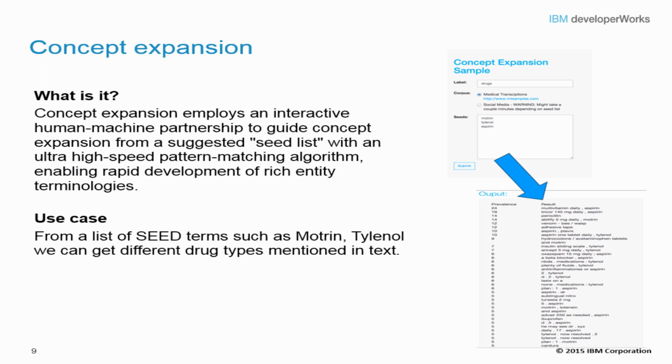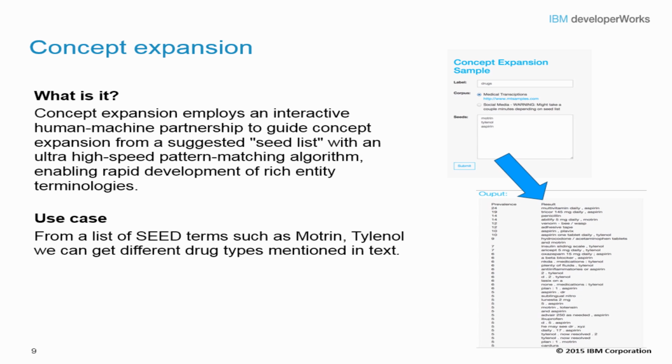Looking at Concept Expansion Service. This service analyzes text and interprets its meaning based on usage in similar contexts. For example, it could interpret the Big Apple as meaning New York City.